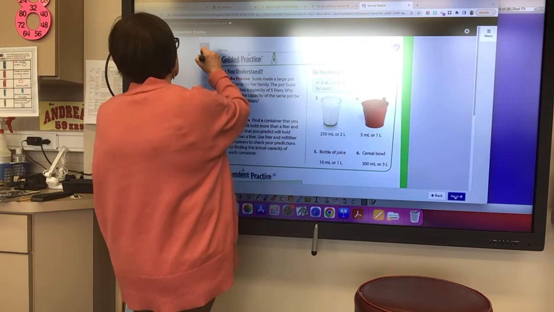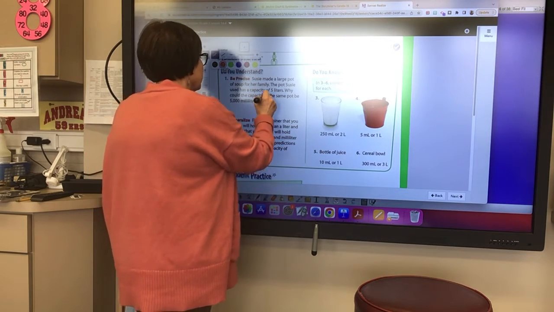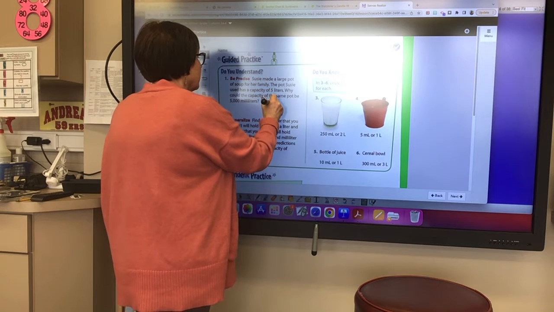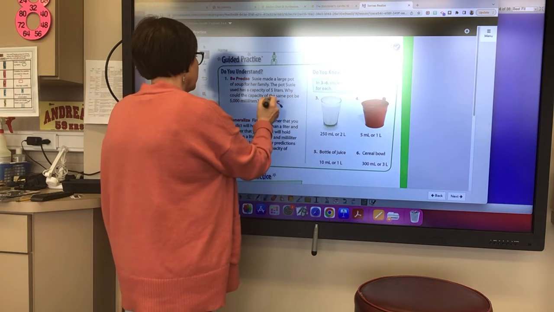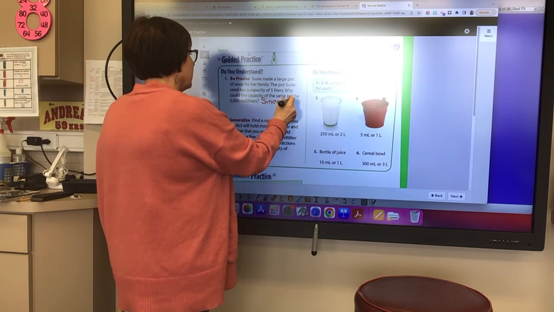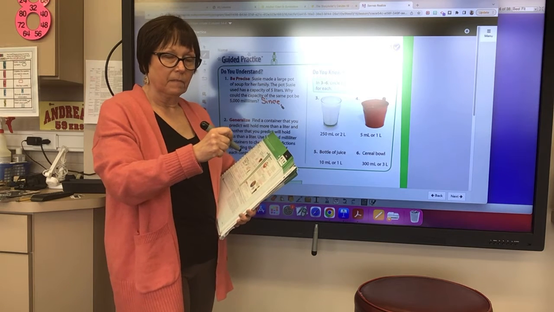Yes, keep talking. Since there's 5 liters of them, it would be 5,000 milliliters, because it'd still be the same, but there's just 1,000 of each, and then they add up to the 5 liters.